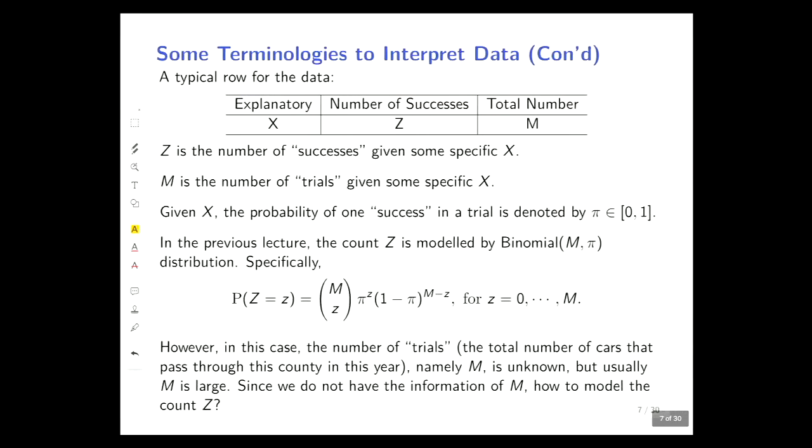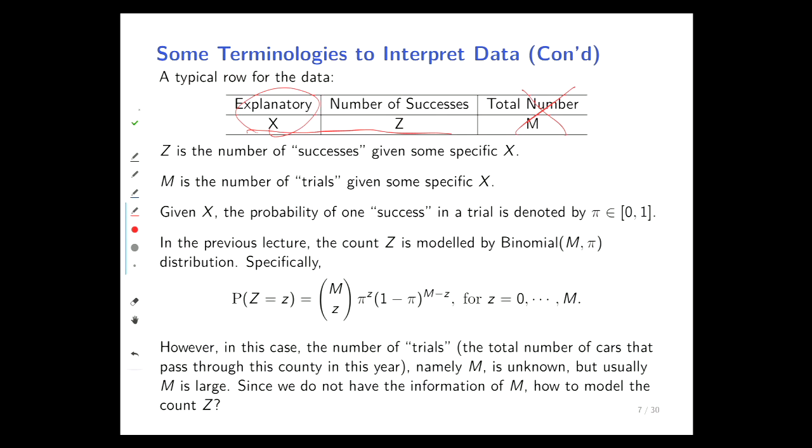So let's summarize our question. We have the explanatory variable and the number of successes, but we do not have the total number. We only have the first two. Z is the number of successes, in our case the number of accidents, and M is the number of trials, in our case the number of cars that pass through the county.